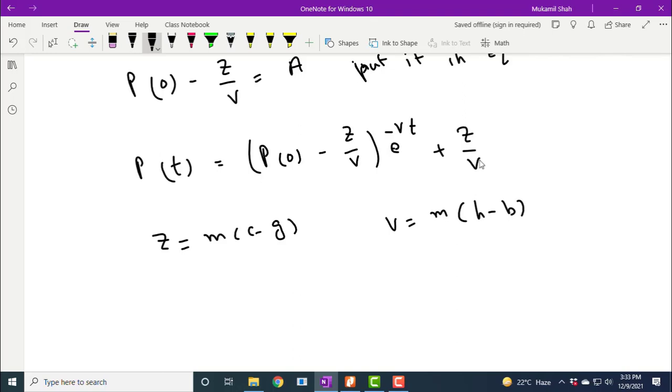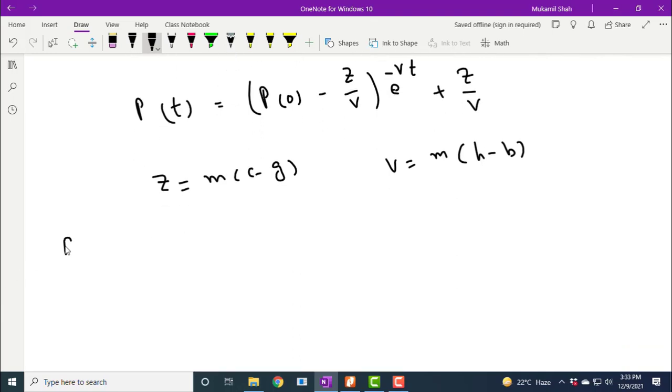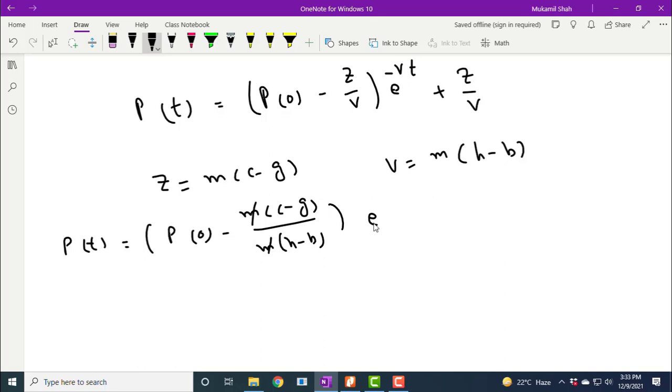So if we substitute for these values, p of t would become p of 0 minus z, which is m times c minus g divided by m times h minus v. m is cancelled out with m, and e raised to power minus v, which is m times h minus v, into t, and plus z over v, which is again m into c minus g divided by m into h minus v.